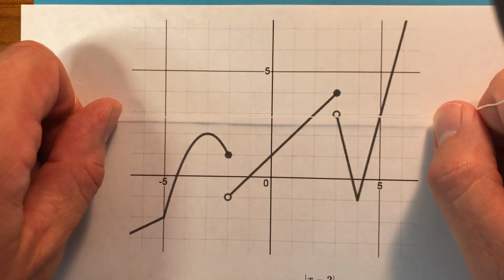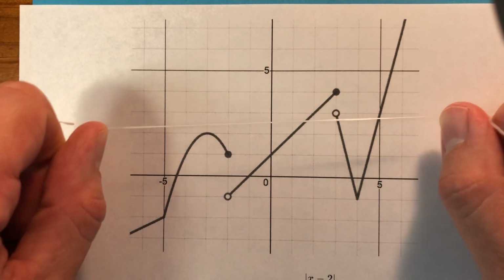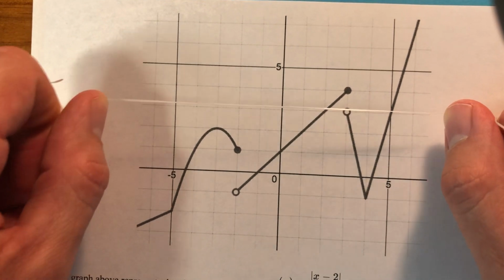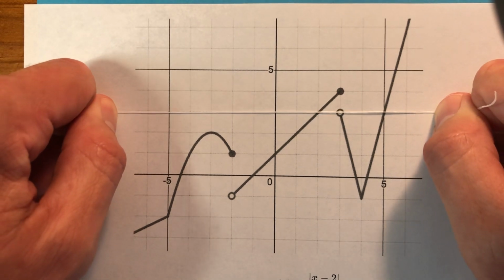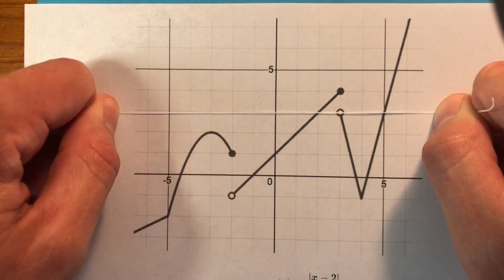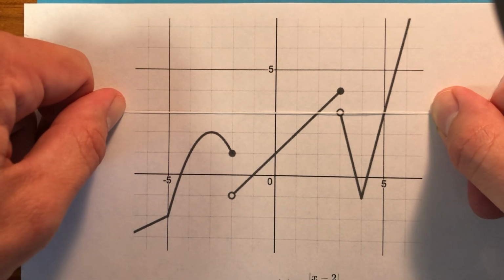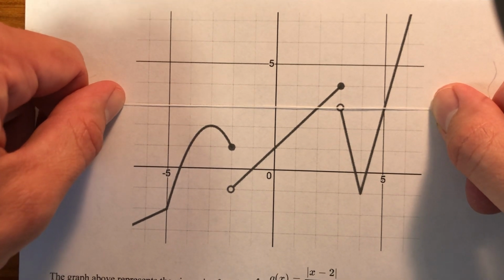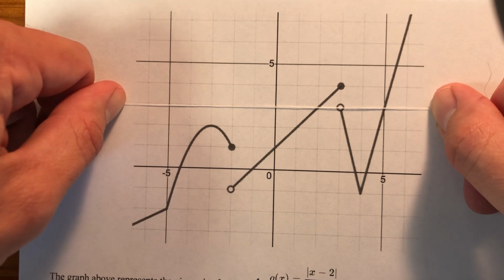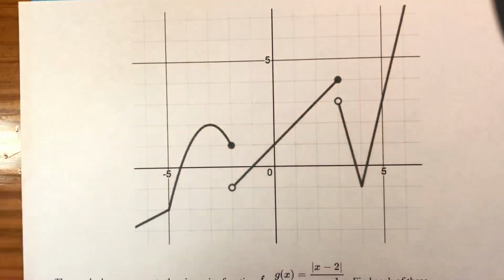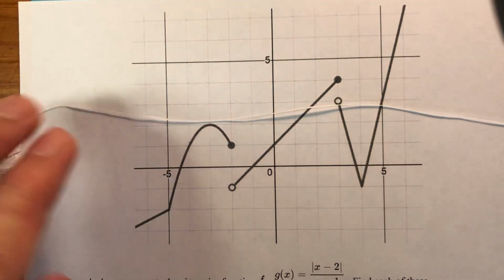Right there. See the floss? Kind of hard to see in this lighting, but there's your floss. I want to know every time my function approaches from both sides that dental floss, which is laying across the y-axis at 3.